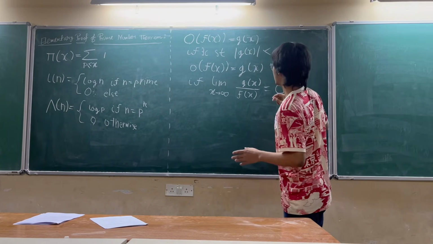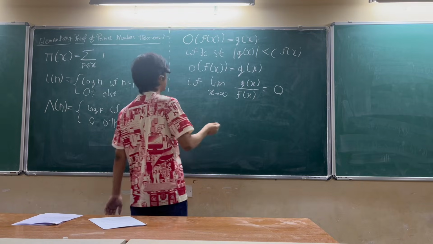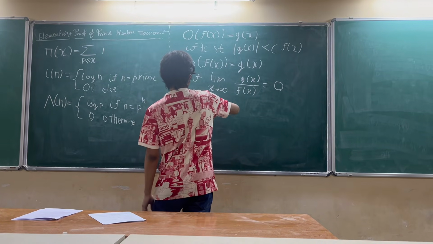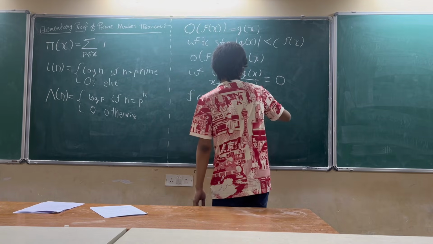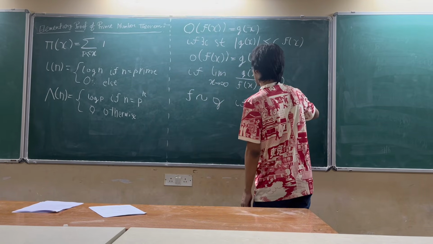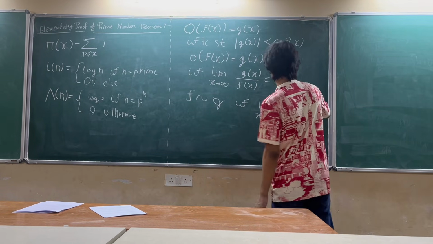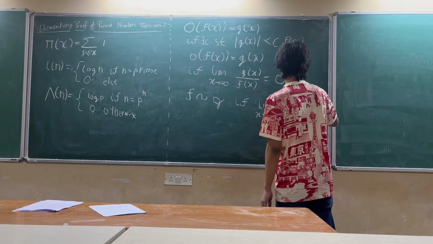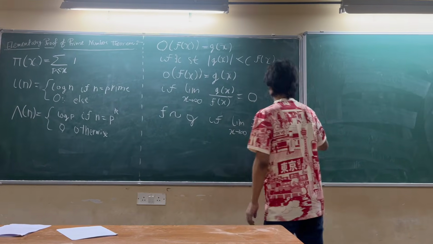Now, we introduce another notation. We call it asymptotically equal. So f is said to be asymptotic to g if the limit as x tending to infinity of f of x by g of x is 1.